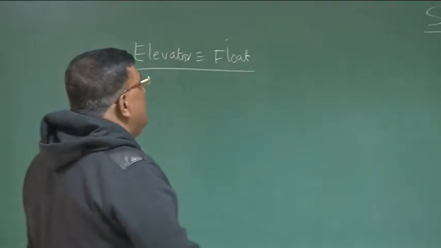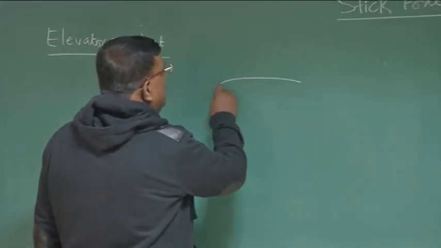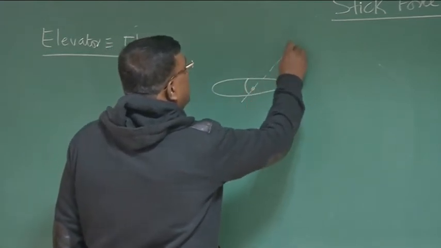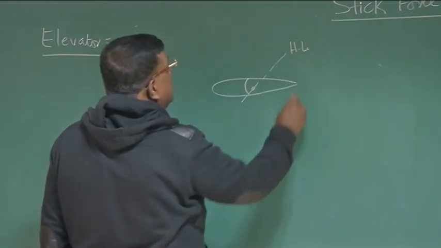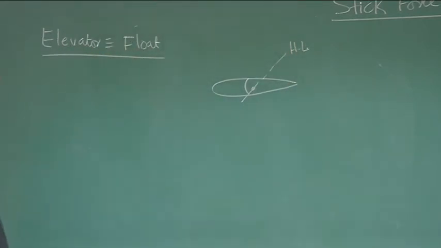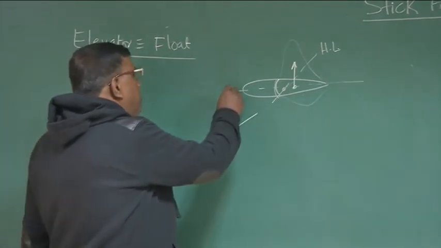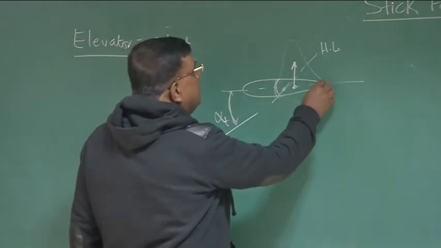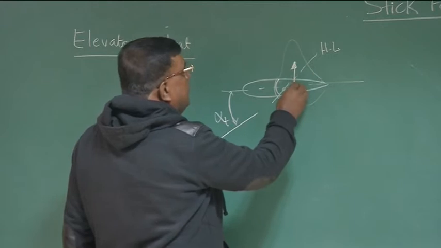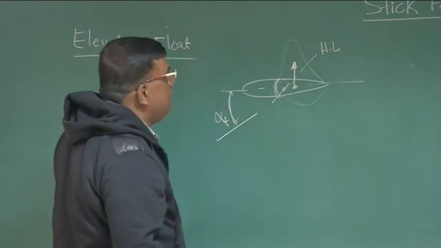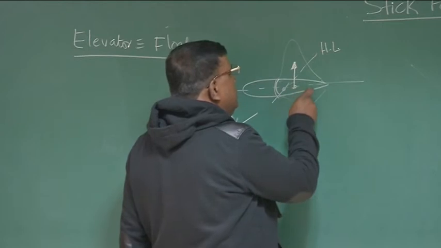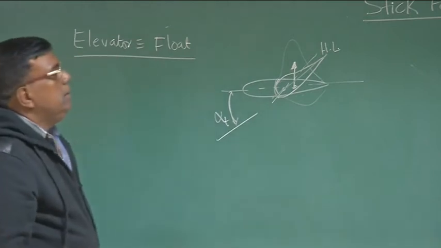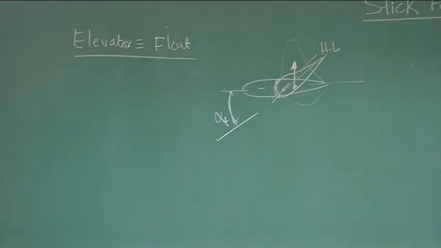If the elevator is mounted on a hinge, as you all know, this is the elevator and there is a hinge line. Assume it's frictionless. Then what will happen? If there is a positive alpha tail seen by the tail, there is a pressure distribution over this, and if the resultant is behind the hinge line, I get a moment which will try to make the elevator float like this, nose down, so it is negative in nature.